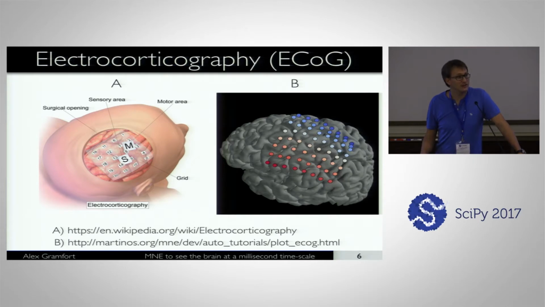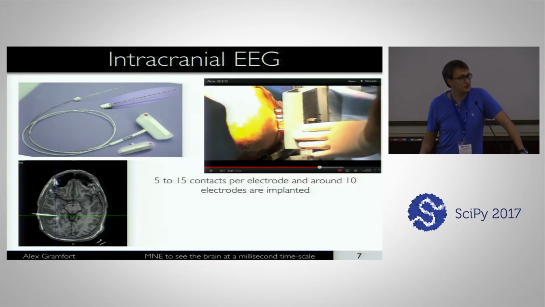Now, if you want to go invasive and you have patients, you can remove a chunk of the skull and put electrode grids on it. That's called ECoG, or electrocorticography. At each of these grid points, you also measure the local potential, which also gives you time series. Or if you're in Europe and you don't use grids, because grids are mostly used in the US, you stick electrodes inside the brain.